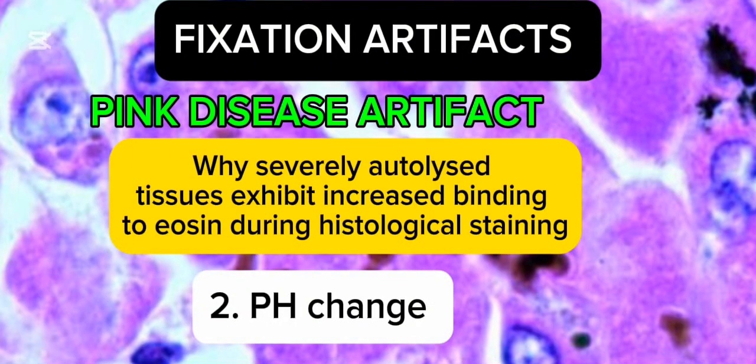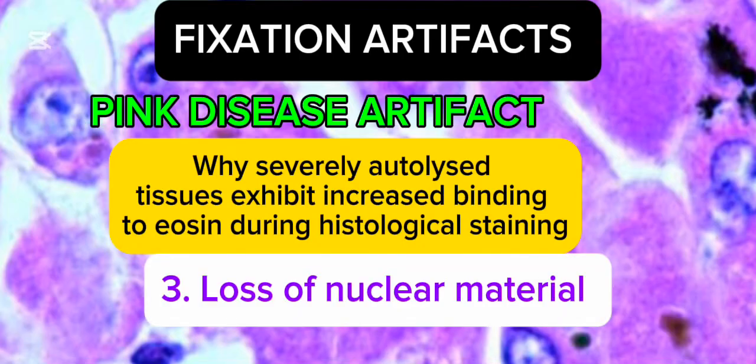So autolysis can cause localized changes in tissue pH due to the release of cellular and metabolic byproducts. So a lower pH enhances the interaction between eosin, which is negatively charged, and positively charged tissue components. Number 3, loss of nuclear material.